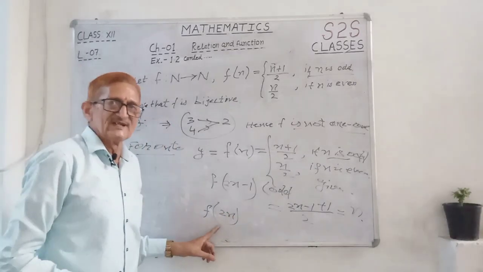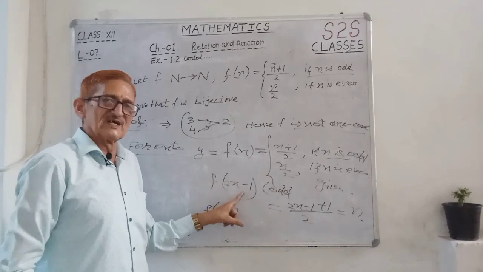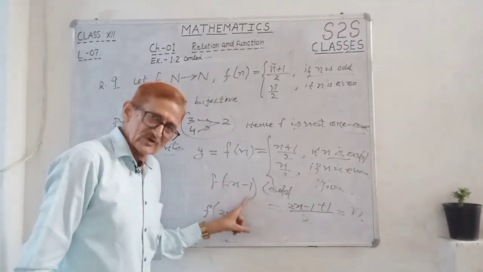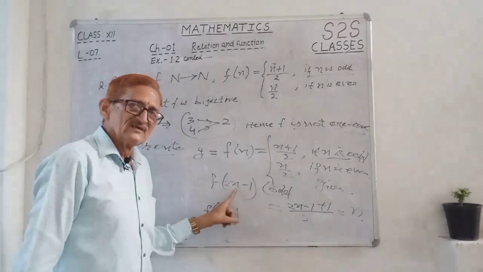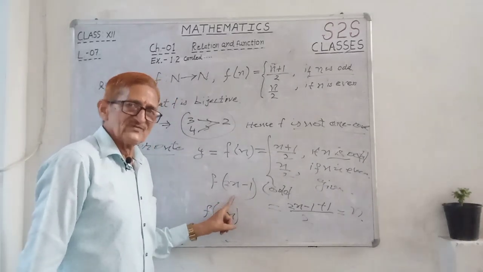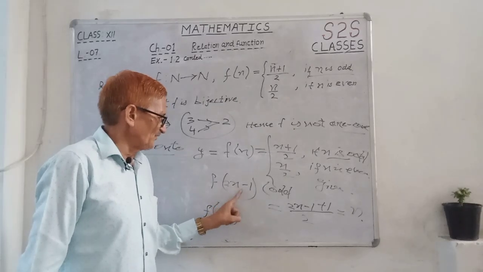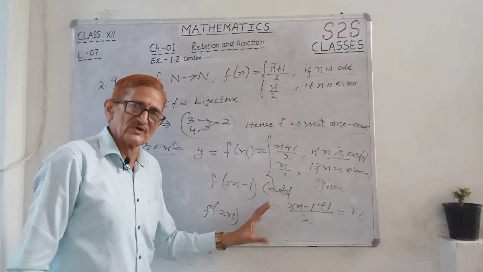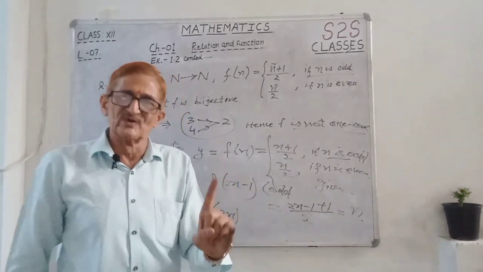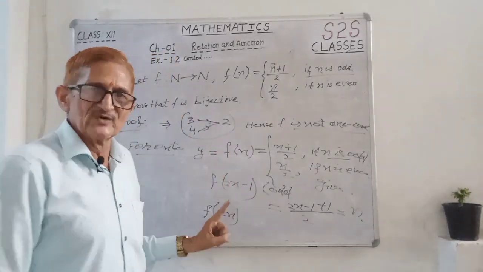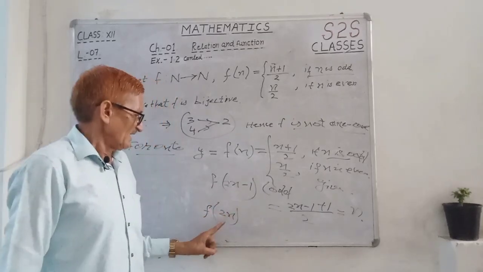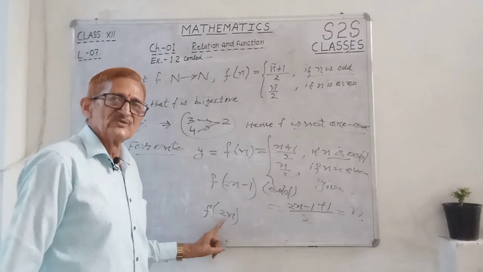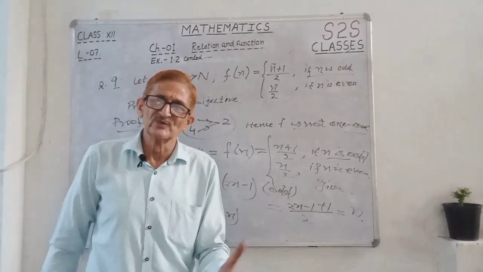Generally even is taken as 2n and general odd as 2n minus 1, because for every natural number n, 2n minus 1 will be odd. You can check: if n is 1, 2 minus 1 is 1, odd. If n is 2, 4 minus 1 is 3. If n is 3, 6 minus 1 is 5, and so on. So for every odd natural number we take 2n minus 1, and for the even 2n.